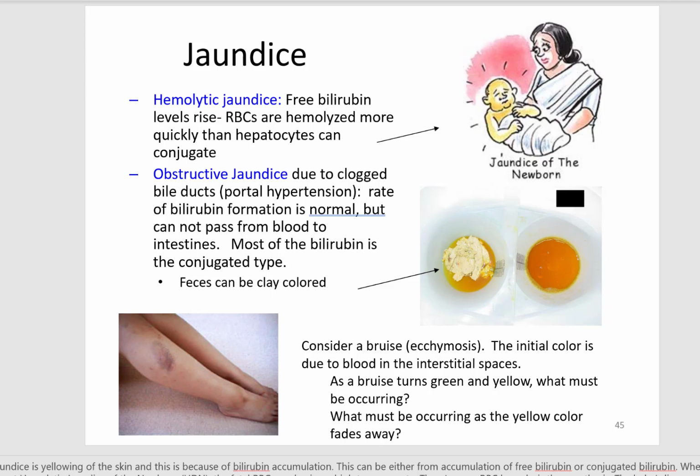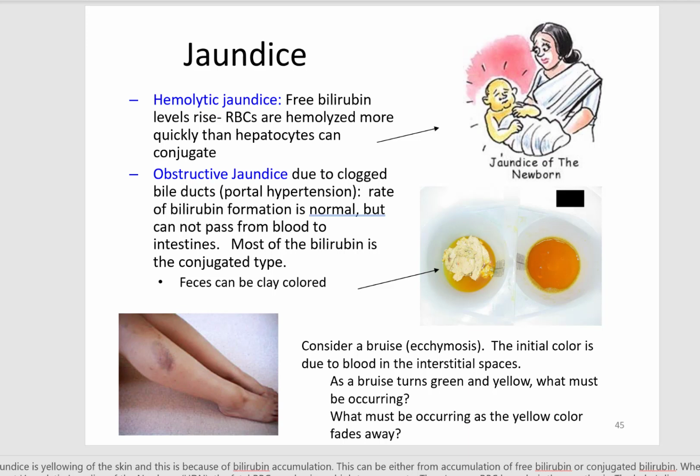So if it's truly obstructive jaundice from a gallstone, and we assume normal, healthy hepatocyte function, then there is no problem with the hepatocytes converting unconjugated bilirubin into conjugated. The problem is getting the conjugated bilirubin excreted out of the body with the bile. In these patients, if we were to draw their blood, we would see that their conjugated bilirubin is higher than normal, reflecting it's a problem getting it out of the body.